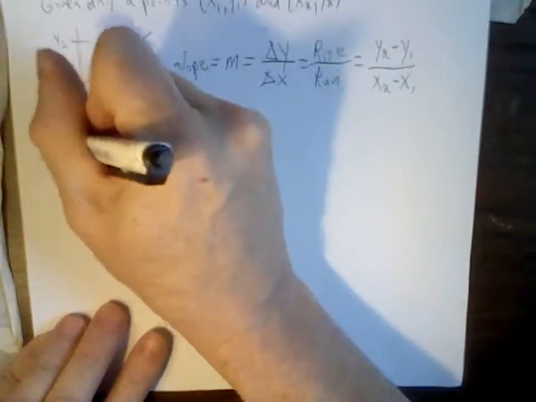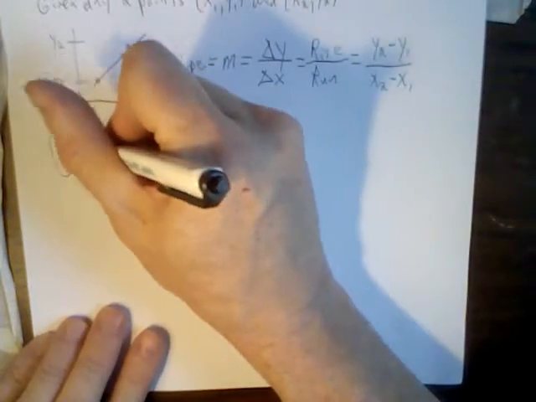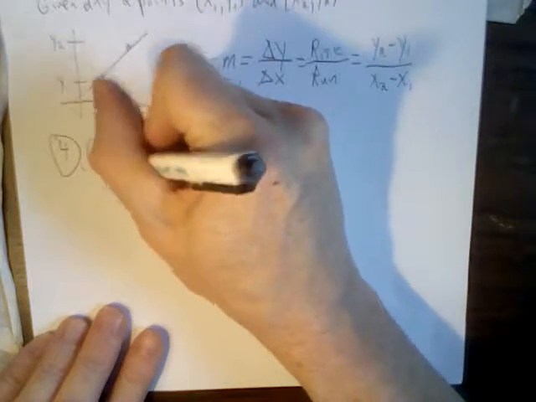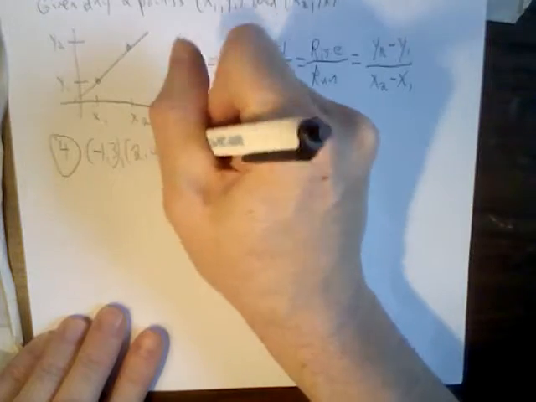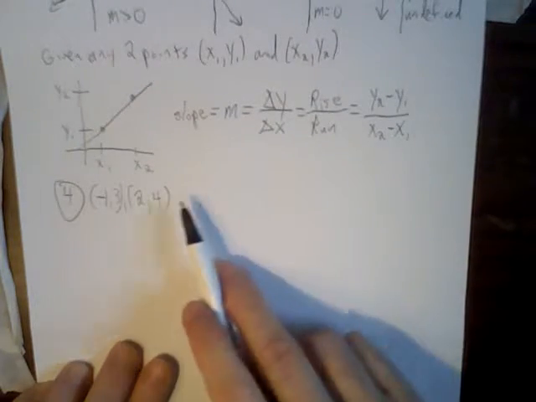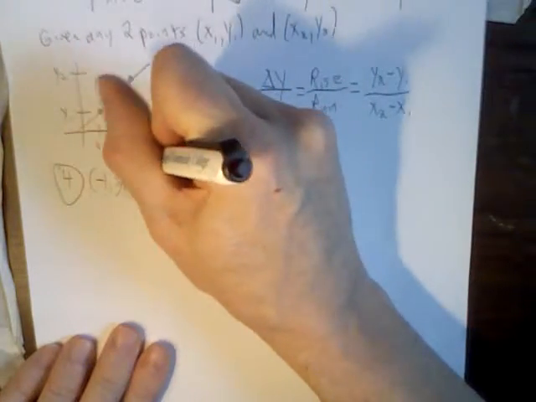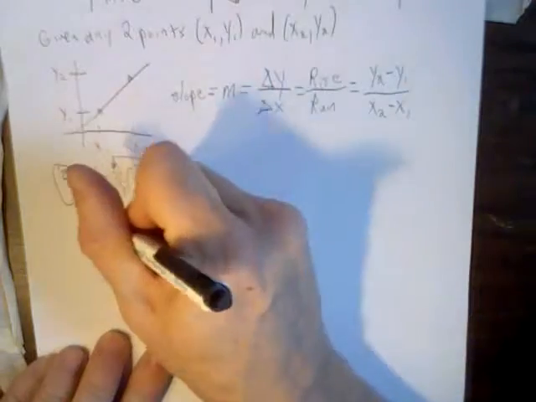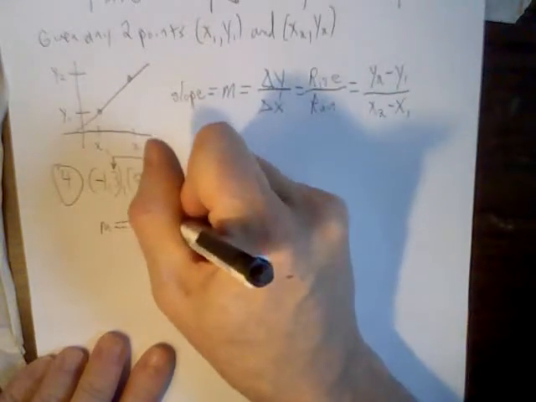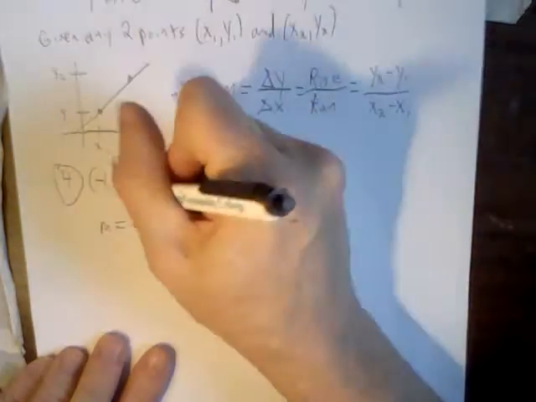Okay, so let's look at some of the ones in the book. This is problem 4. We have 2 points, -1, 3, and then 2, 4. In general, I don't really have this formula memorized. I'm just thinking it's y2 minus y1, so I draw little arrows to remind myself. You just have to make sure you do it the same way every time.